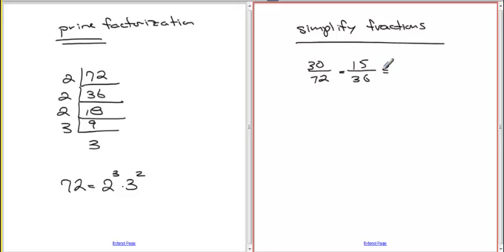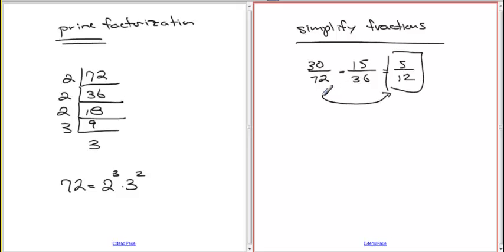So you write these out until you run out of common terms that you can cancel out. Now, let's just finish it and then I'll explain something. So you can see it simplifies down to 5/12 because 30 divided by 2 is 15, 72 divided by 2 is 36. These are not both even, so then you go to the next number, which is 3. You can divide both of them by 3. So this is the final answer.